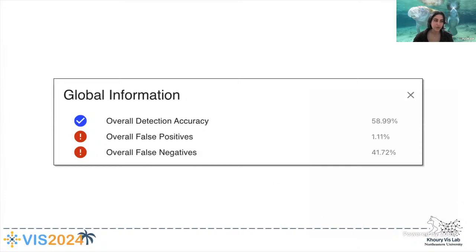First of all, to give an idea of what the performance of the model is overall and what the current stats about the model are, we provide this global information panel, which includes false positive and false negative errors and accuracy across all of the videos within the data set.